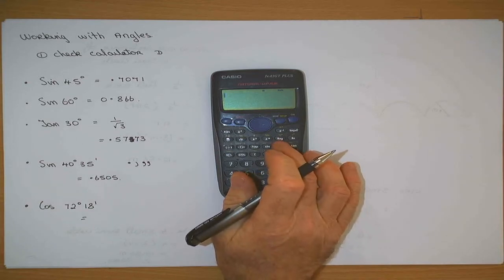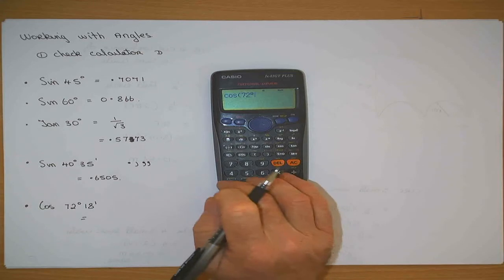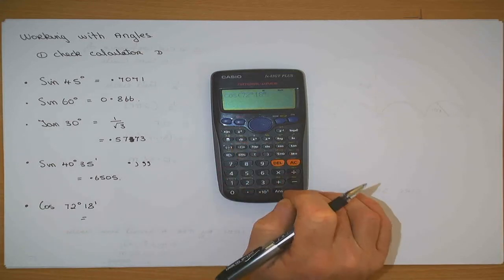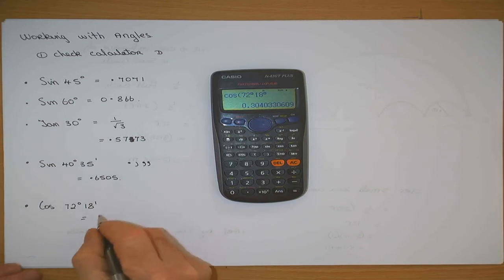So you get cosine 72 degrees minutes, 18 degrees minutes is equal to. You got 0.304.